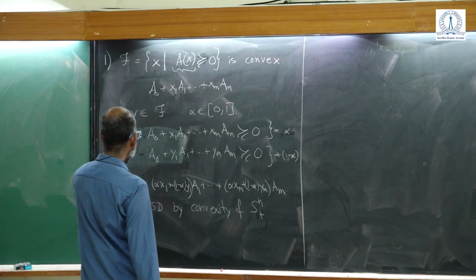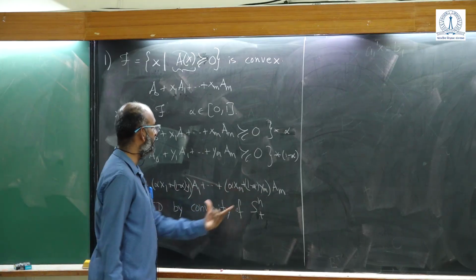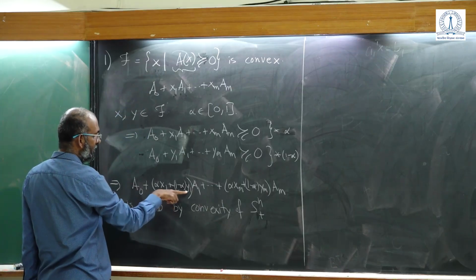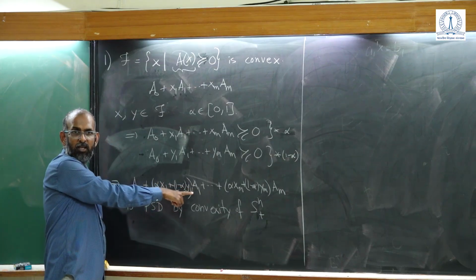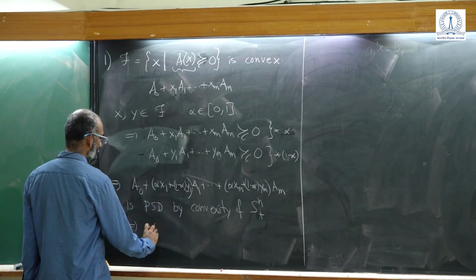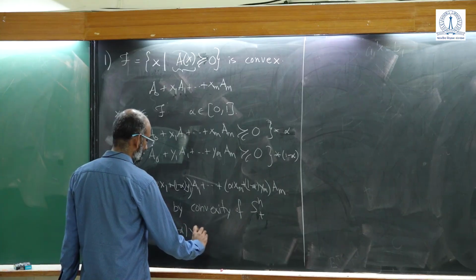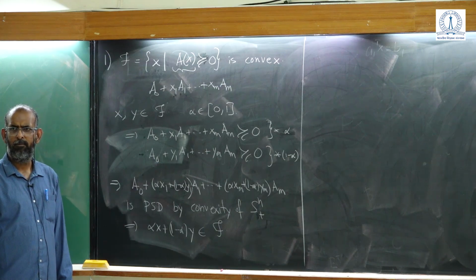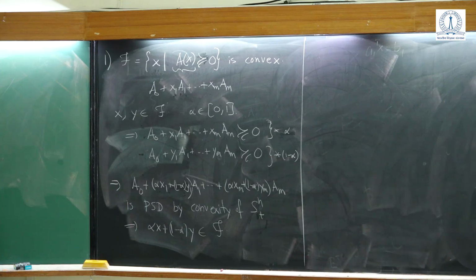So then this is PSD, but what does that mean? Each of these coefficients corresponds to the first coefficient of alpha x plus 1 minus alpha y, this is the second, and so on. So that means alpha x plus 1 minus alpha y belongs to F, right?